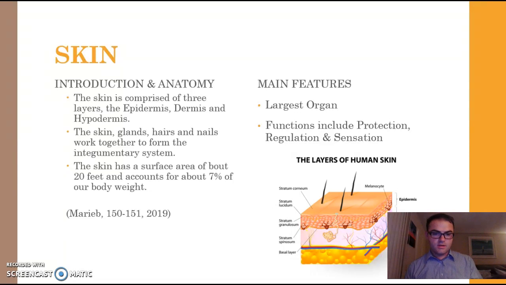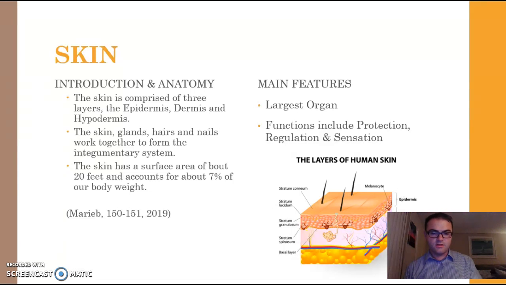And deep to the epidermis is the dermis. The dermis is vascular, and within the dermis you can find blood vessels and nerves. So it provides sensory output for the body.